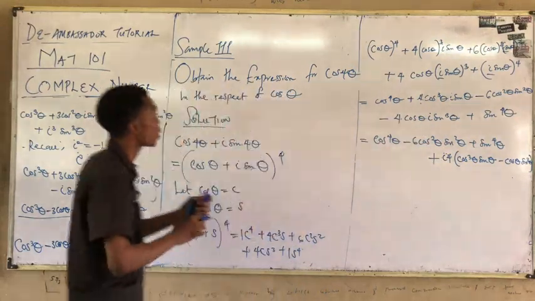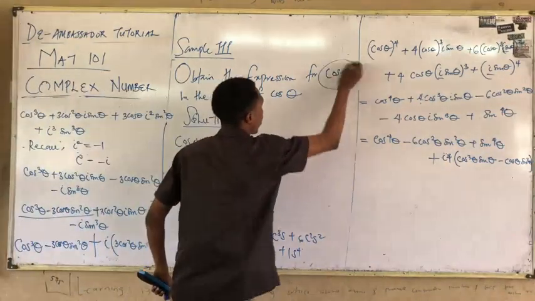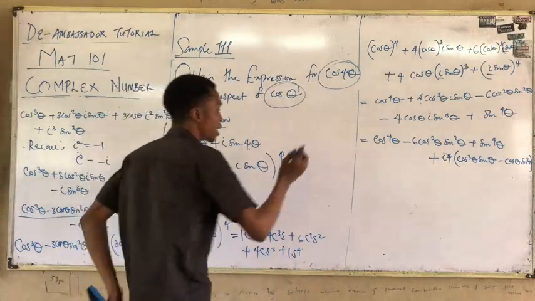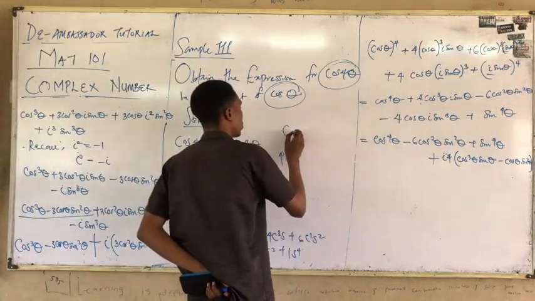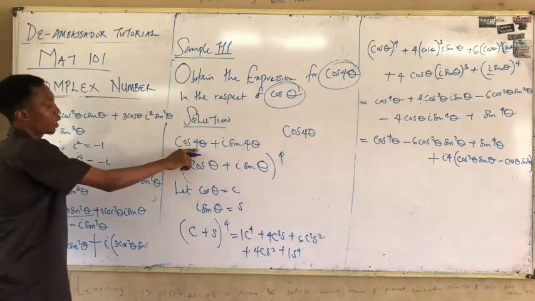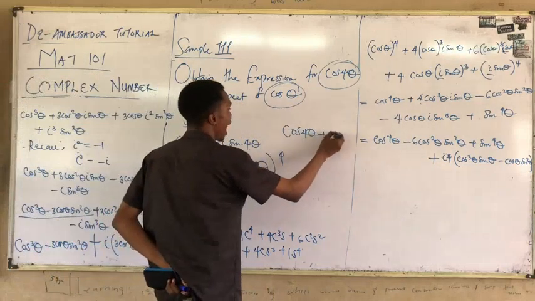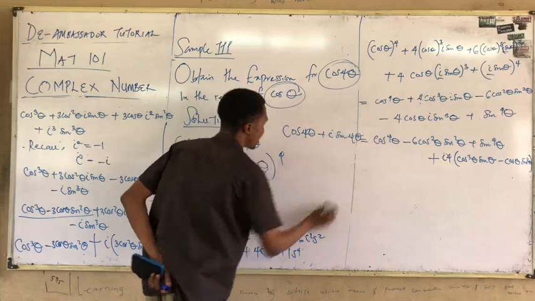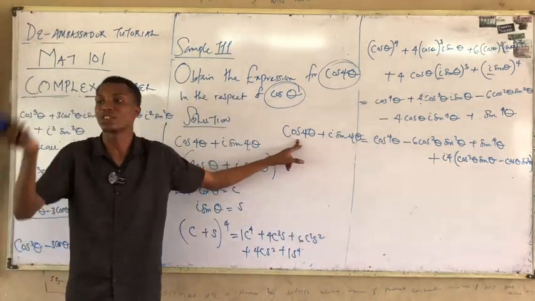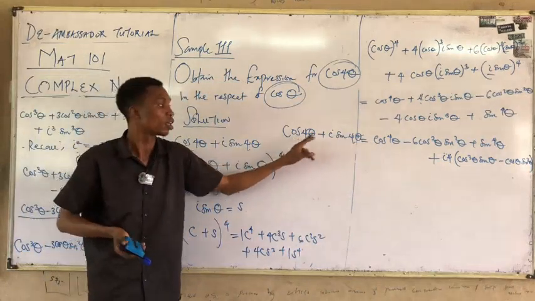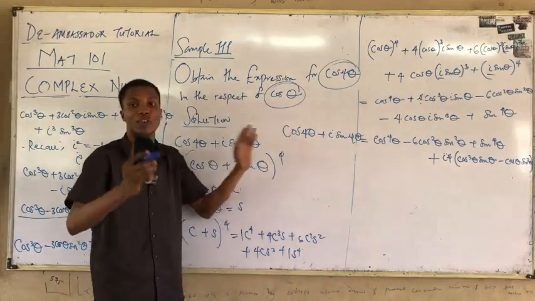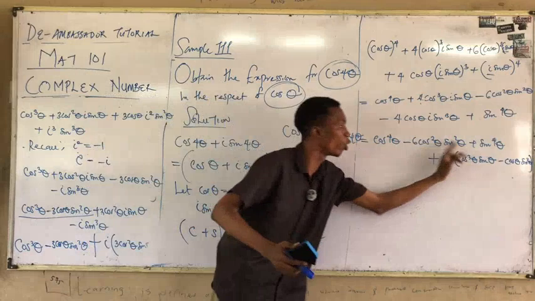So the question seems to find what? Cos 4 theta, isn't it? In the beginning of our question, what did I say? Cos 4 theta plus I sine 4 theta. My cos 4 theta, is it acting as real part or imaginary part? I sine 4 theta, real part or imaginary part? The real part, you equate to the real part.